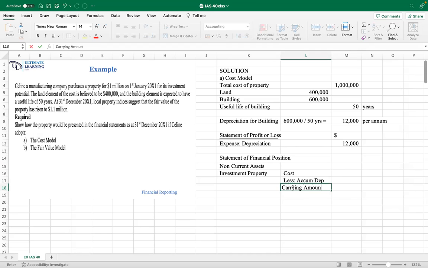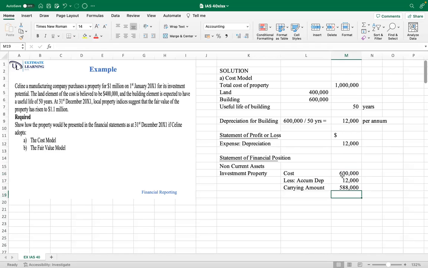So the cost in this case is equal to 600,000. Accumulated depreciation is equal to 12,000 because it's only for 1 year. And the carrying amount is 600,000 minus the 12,000. So it gives us 588.